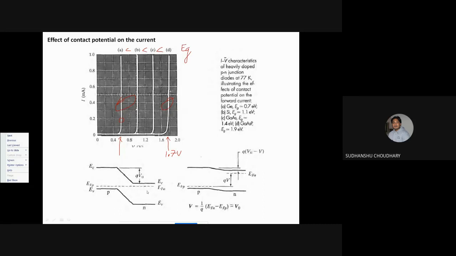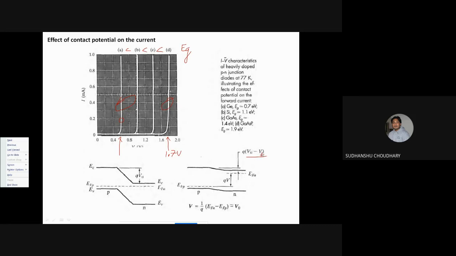So in the energy band diagram, this is my barrier over here, qV naught, where V naught is the built-in potential. Now this barrier can be reduced when you apply a forward bias. So when you apply a forward bias, VF for example, this barrier is reduced, that is the bands become flat.